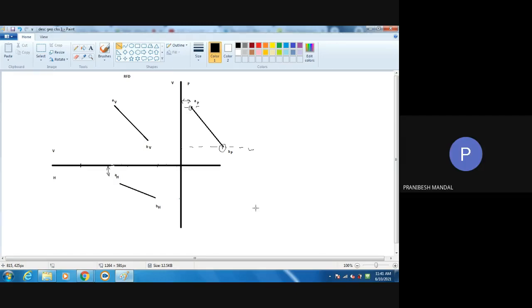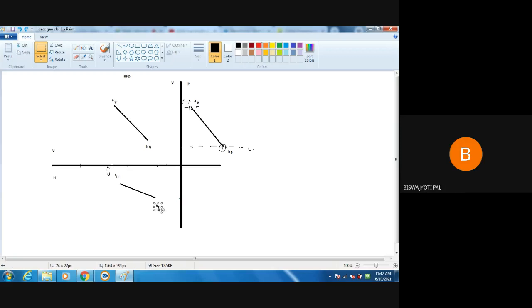Now, what we should do, we should take an additional plane parallel to the horizontal projection. As is shown in this particular video, we must have this, right? An additional plane parallel to the horizontal projection, isn't it?